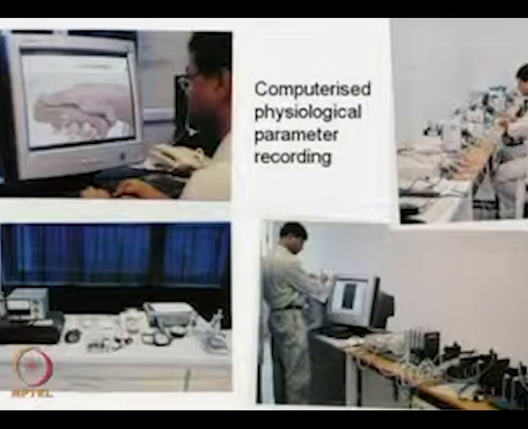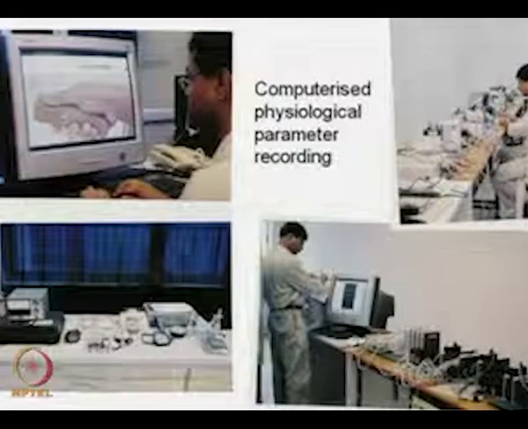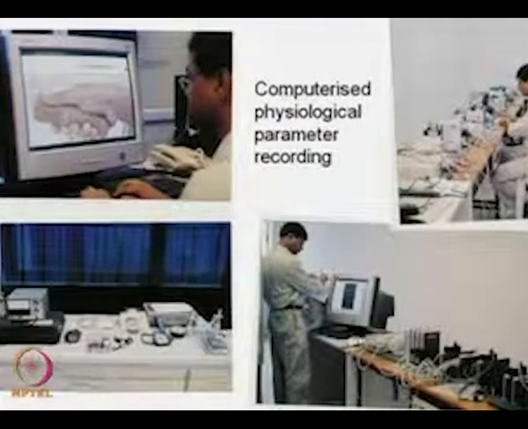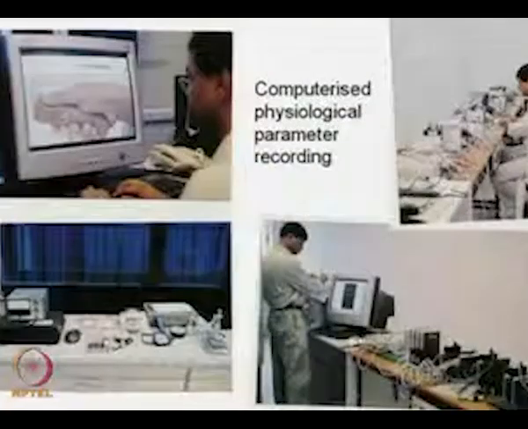Now, computerized physiological parameter recording: when you are holding in the right hand, the left hand, top corner, this figure shows a computer monitor while holding a specific newly developed handle, the pressures and so on, and how well it fits or not can be assessed.